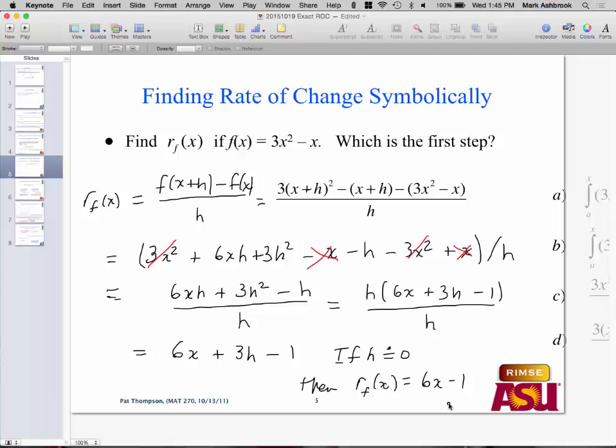Okay, so look, we started with exact accumulation, and we did a little math, and we have the exact rate of change. Okay?